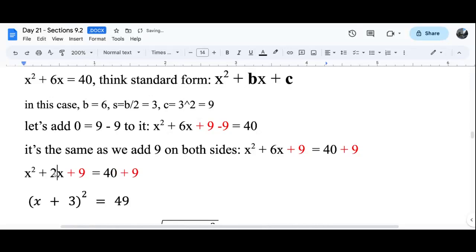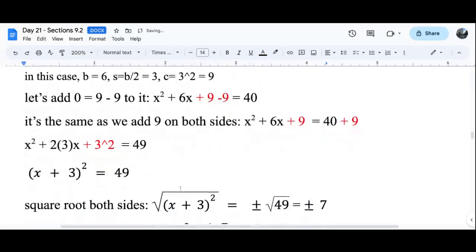And we see 6 is 2 times 3 times x, and 9 is just 3 squared. So we have the a squared plus 2ab plus b squared form. Then this gives us a perfect square: (x plus 3) squared equals 49.